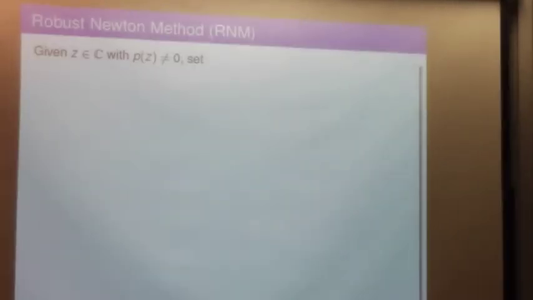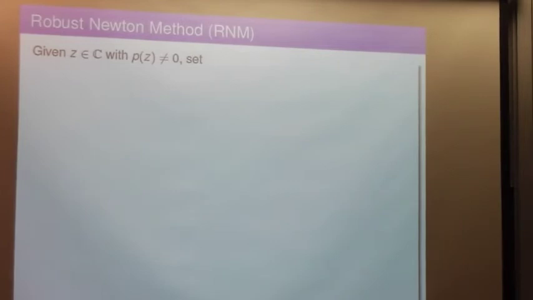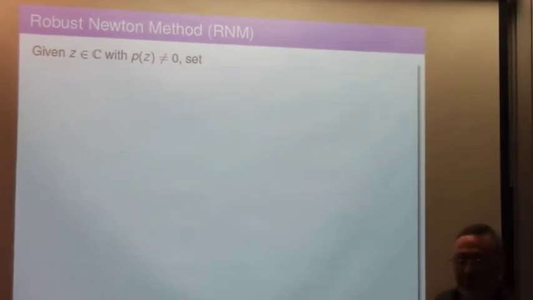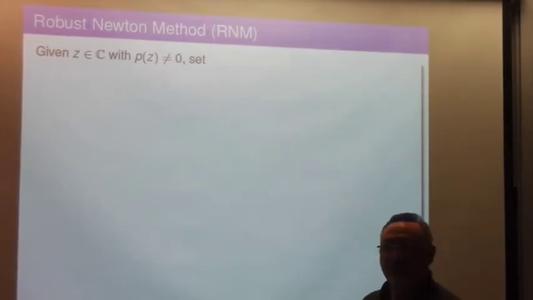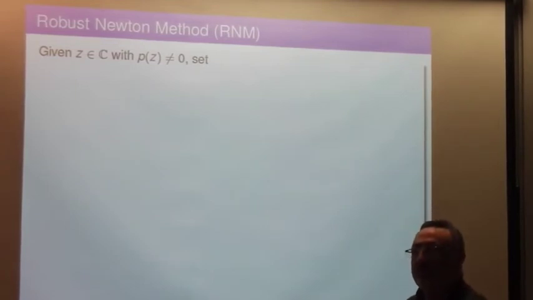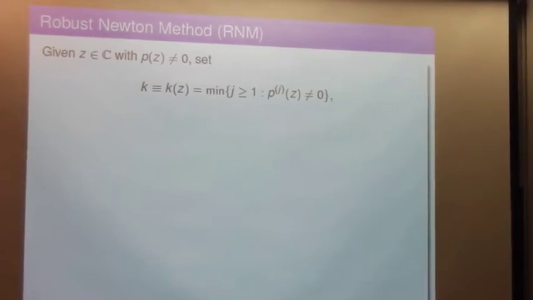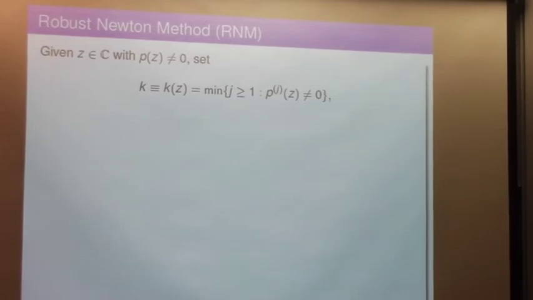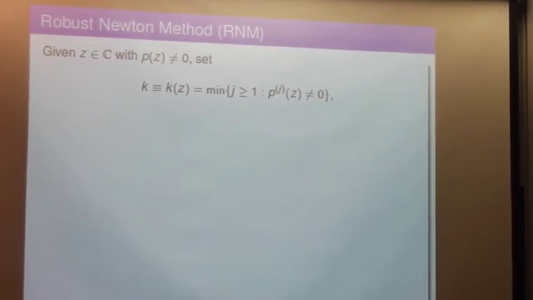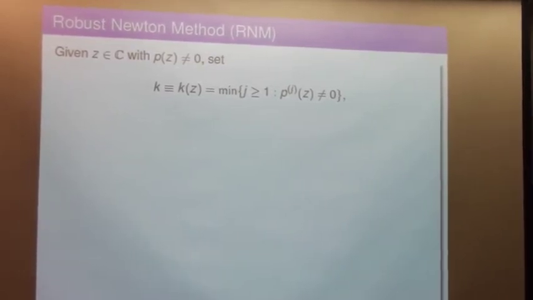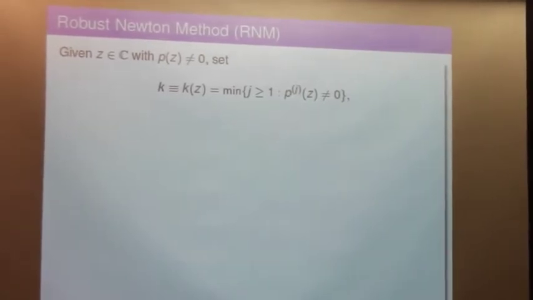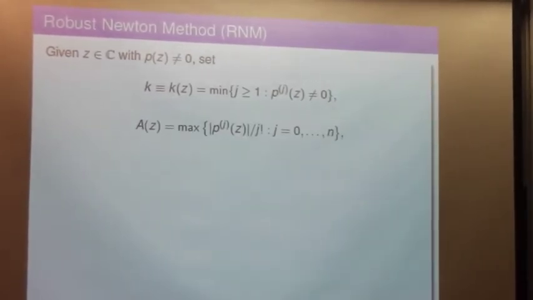Now, what is a robust Newton method? So I told you it has this property that for any z0 it converges to a root or converges to a critical point. So it's more elaborate to define it. Take any z where it's not 0. Let k be the minimum j such that the j-th derivative is not 0 and j is bigger than or equal to 1.